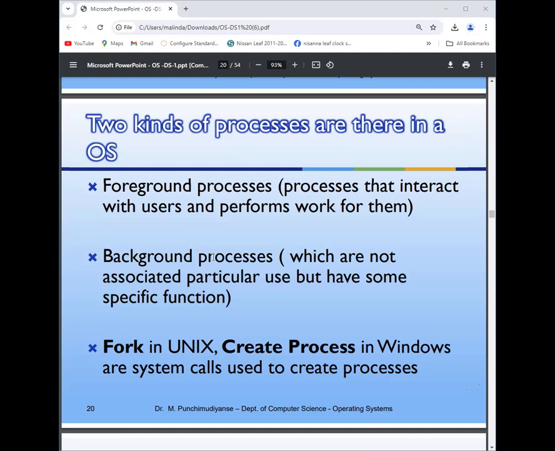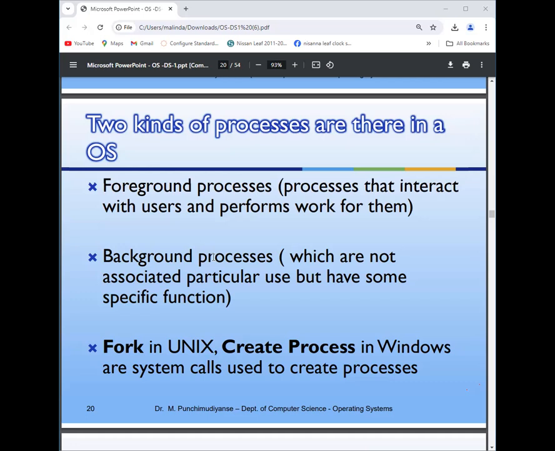For example, Microsoft Word, Microsoft Excel, the video player, all those software which run as a process are interacting with you. You give different commands and it will act upon what you do. Those are called foreground processes.